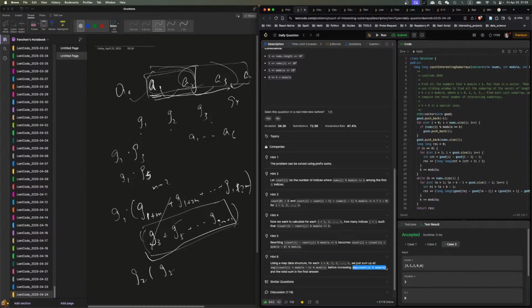Okay, current count minus k. We have something. Current count minus k minus 2 modulo. We have something. Okay. But they all share the same characteristics, which is if they modulo, they all become current minus k plus modulo and modulo, right?